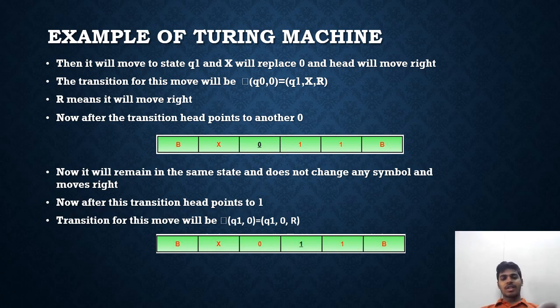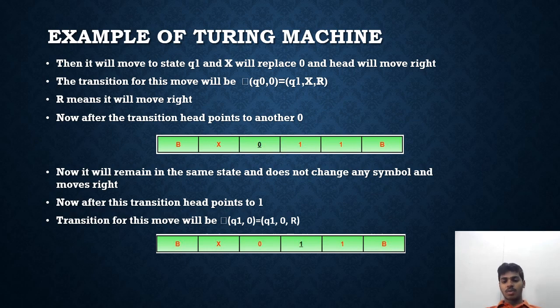Our basic task is, if we find 0 in the initial state, then we have to change it to capital X, and we ignore the other zeros until we reach a 1.